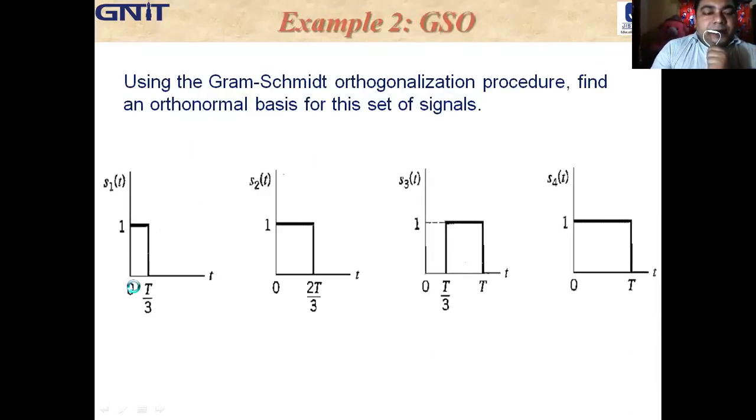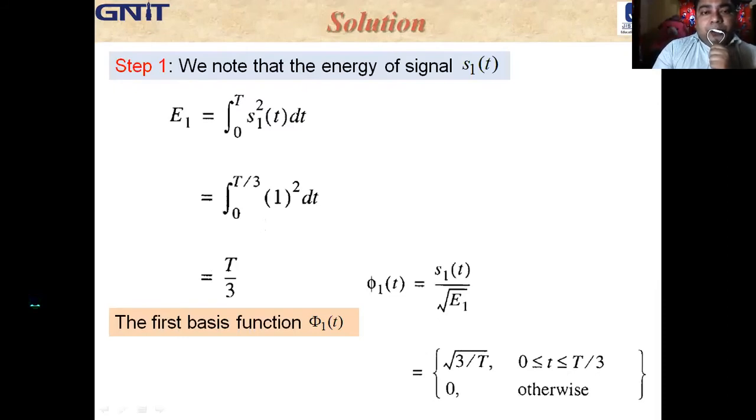The time period of signal S1(t) is 0 to T by 3, so the limit of the integration will be 0 to T by 3, and the amplitude is 1 unit. So it is the integration from 0 to T by 3 of 1 square dt, and it is T by 3.